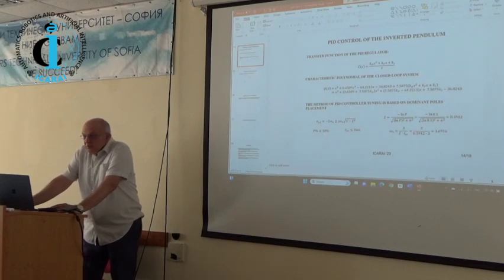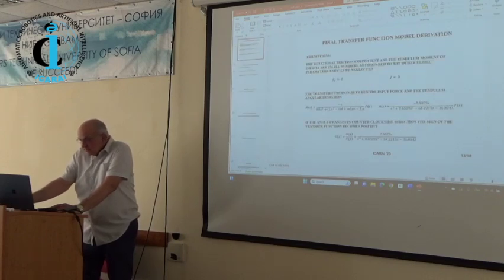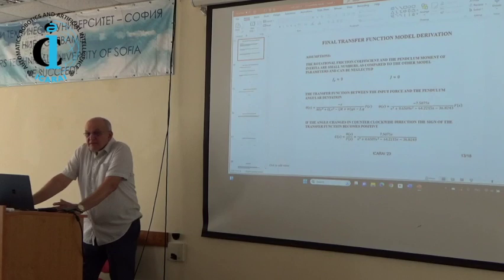Here is the numerator polynomial of the PID controller, and this is the model of the system, which is that one. It's unstable, but I don't have a zero in the right half plane. It's both unstable and non-minimum phase. This model should be validated on a real system.